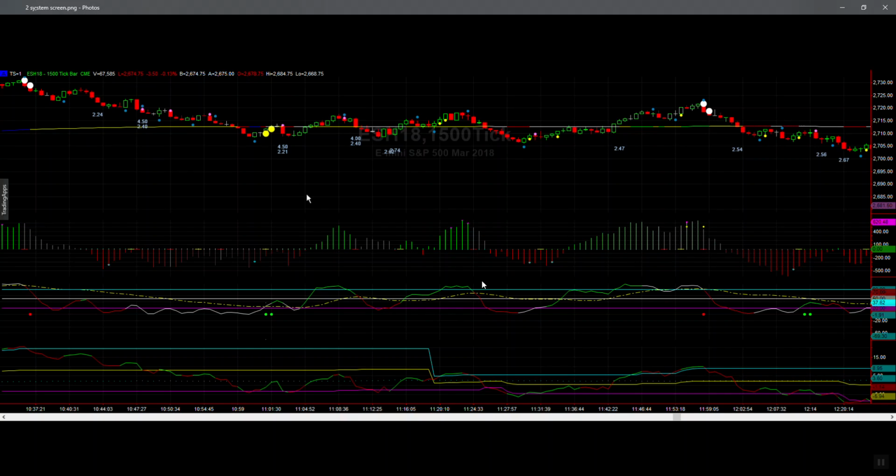For instance, you can see right here this momentum line where it cuts down through the upper bound, and then it cuts through this dash line. This dash line is exceptionally important, and it's the inflection line, basically.